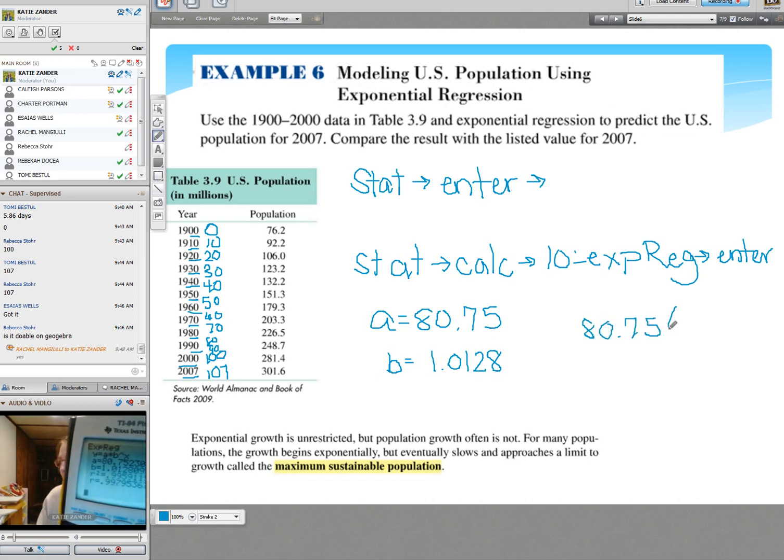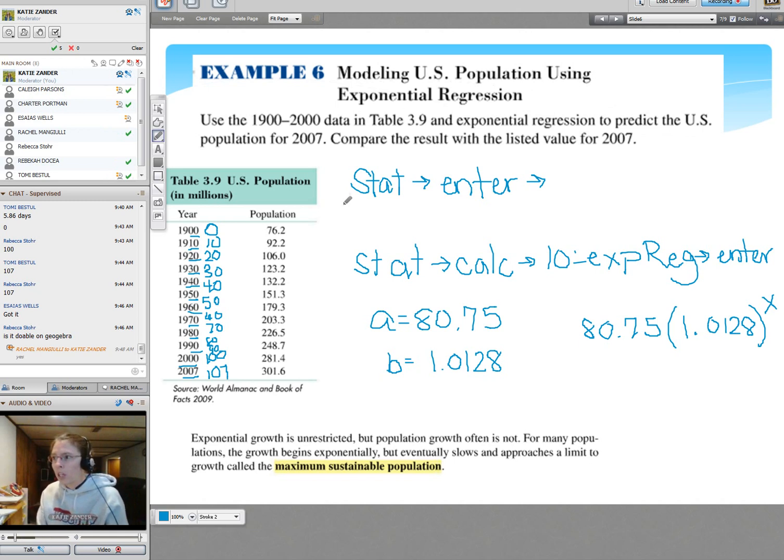It's fitting a line to your data the best it can. Our initial point looked like it was going to be at 76.2, but because this is a regression line, it's like the line of best fit for this data. It's not going to lie perfectly with those points.